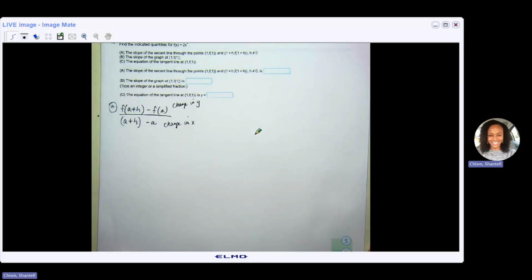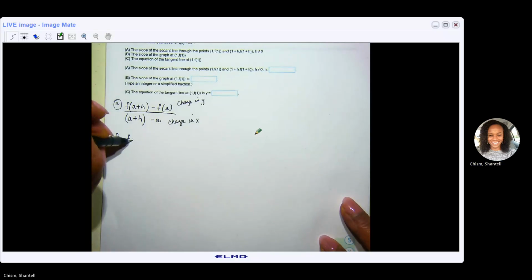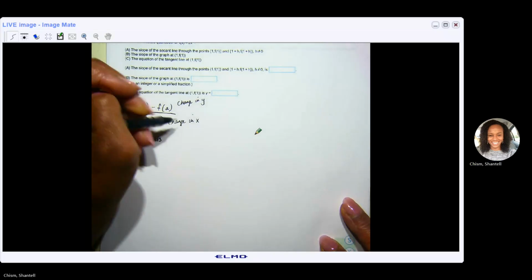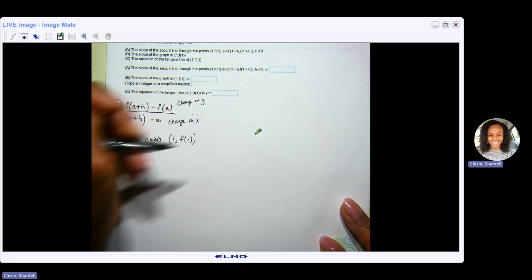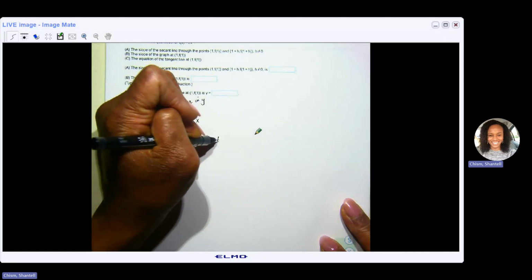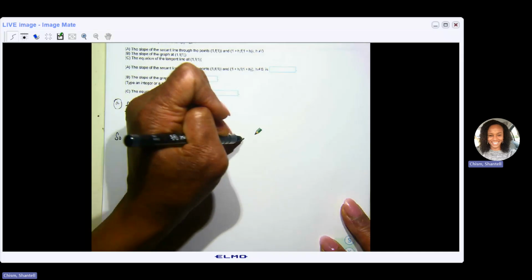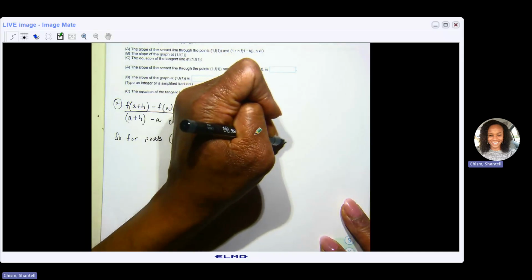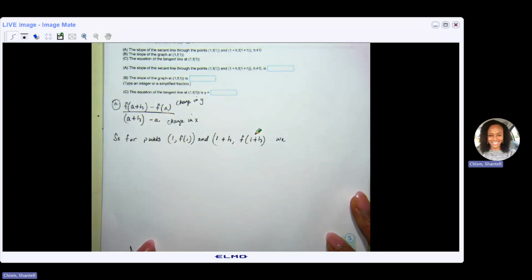Now for our particular points, which are 1, f at 1, our first point, and 1 plus h, and then f at 1 plus h, we're going to edit this formula to be in alignment with our particular points.